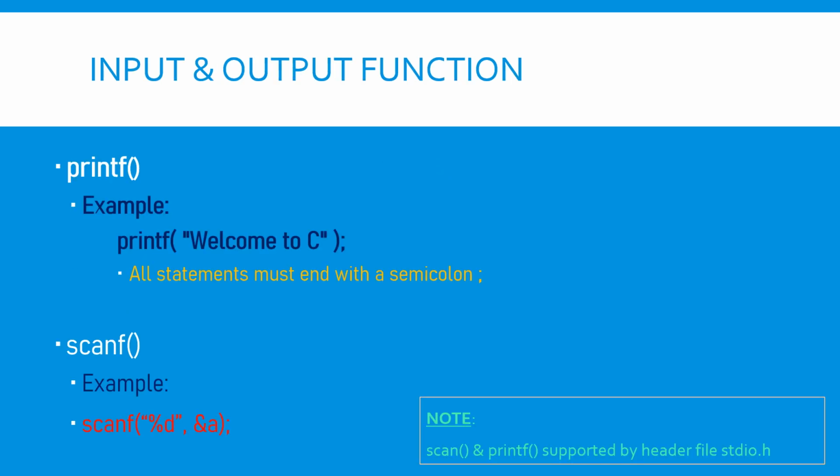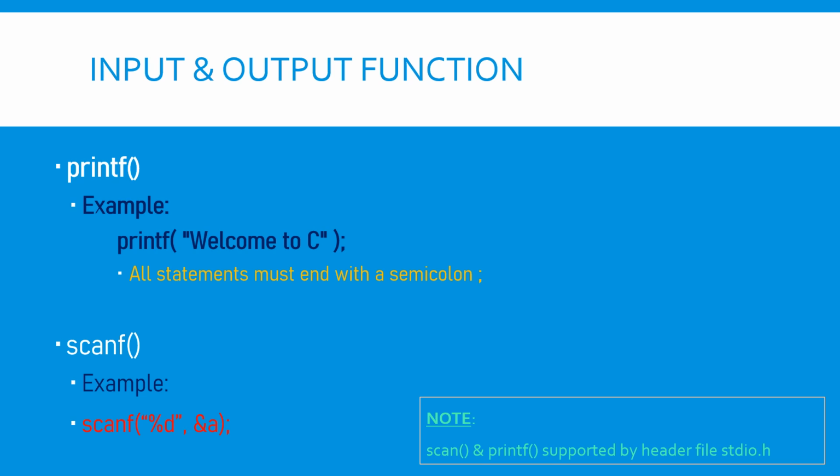Next, we are going to familiarize with input and output functions in C programming language. Now, anything that comes with an open bracket, closed bracket is a function in C language. For example, printf is a function and scanf is another function. Now, printf is used for output operation.